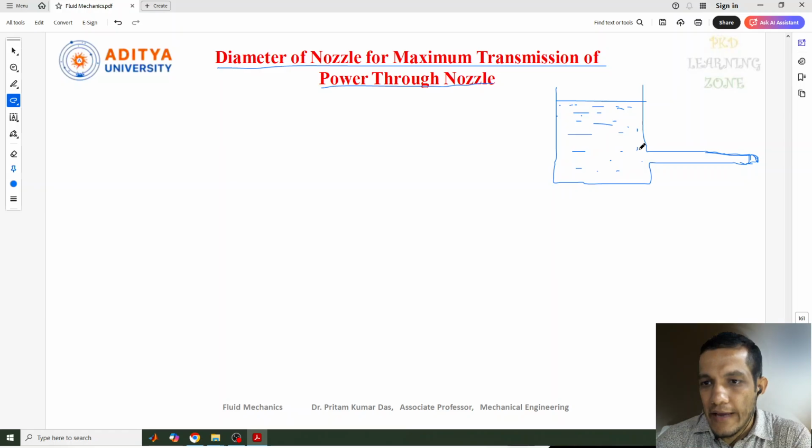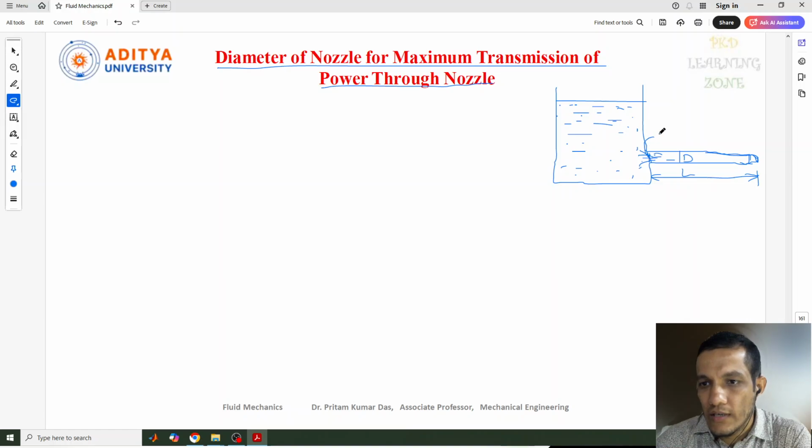This is the entry part of the pipe. The pipe length is L, and this is the diameter of the pipe, D. The liquid present in this tank flows into the pipe through this inlet part.